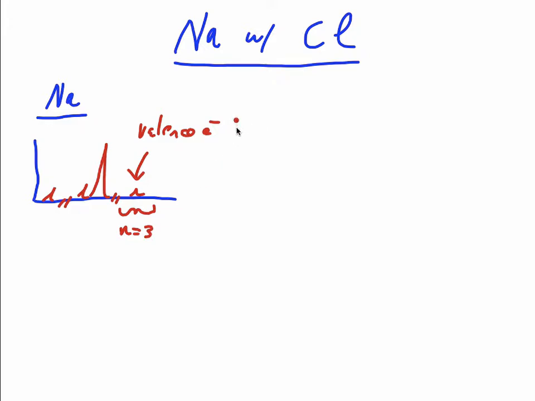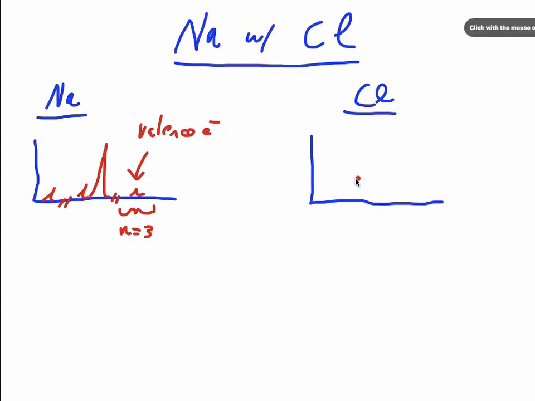Okay. Now let's go ahead and do that again for Cl. So Cl is going to be 1s2, 2s2, 2p6, 3s2, 3p5. You don't have to do this. I'm just doing it to show you that they're separating into a new ring.